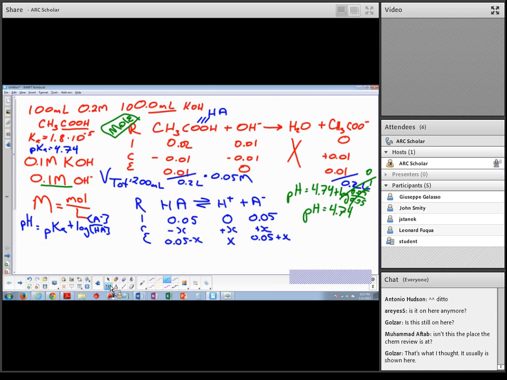Right, because at that point, you don't know how much of the conjugate base there is. Okay, so here, because we're starting with some of the conjugate base, that's why we can use it. Okay, you'd have to go through and do the ICE table for the other one.